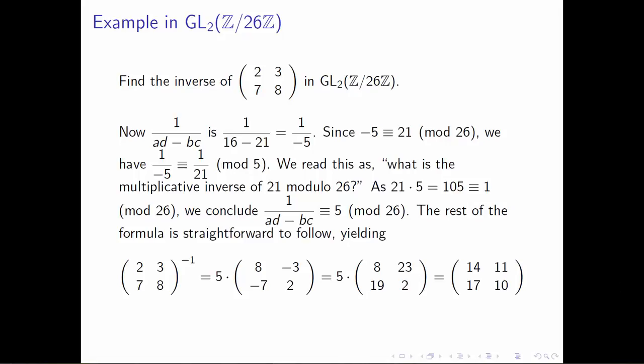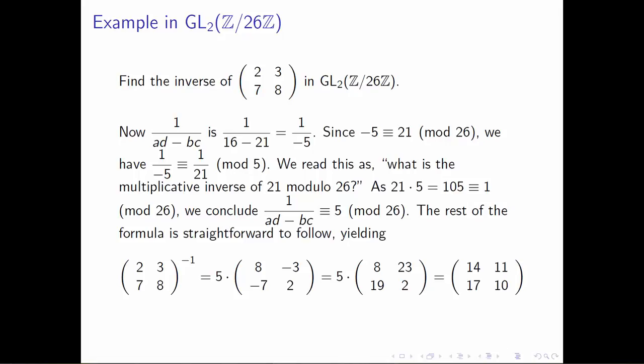So what's negative 3 mod 26? Well, I'm going to go to 26 and count down 3: 25, 24, 23. So negative 3 is the same as 23 modulo 26. And if I start at 26 and count down 7, I'll go down to 20 and then down one more to 19.